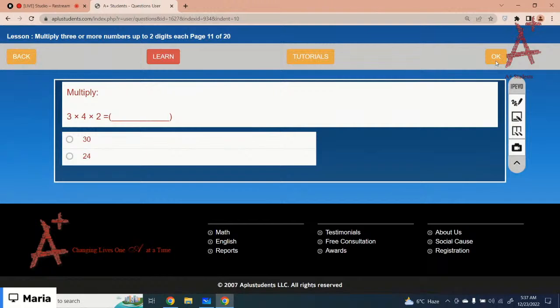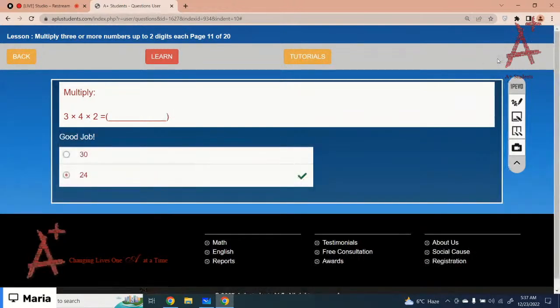3 times 4 is 12 and 12 times 2 is 24. Got it? Just select the correct option then click on the OK button.